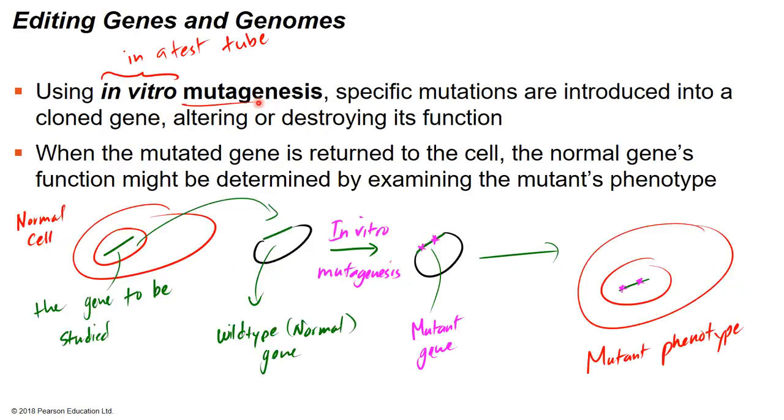Okay, so here we have in vitro mutagenesis, which means you do not change the sequence of the gene while the gene is inside the cell. No, you do it in the lab, in vitro. So you clone your gene and you put your gene in a test tube and you do the editing inside the test tube. Okay?